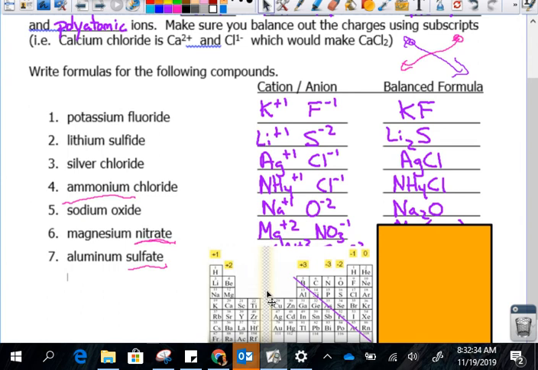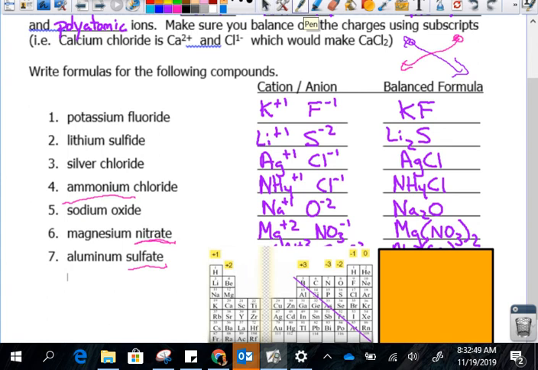So magnesium would have to give away electrons to 2 nitrates. So here's how we do that. You see how the nitrate is in parentheses there? We'll actually make those parentheses pop just a smidge more. Okay, it's just a smidge. Made them pop a little bit, so there's 2 nitrates and 1 magnesium in that formula.